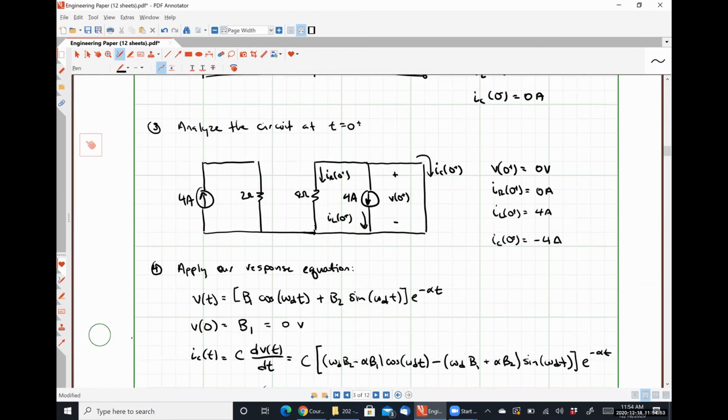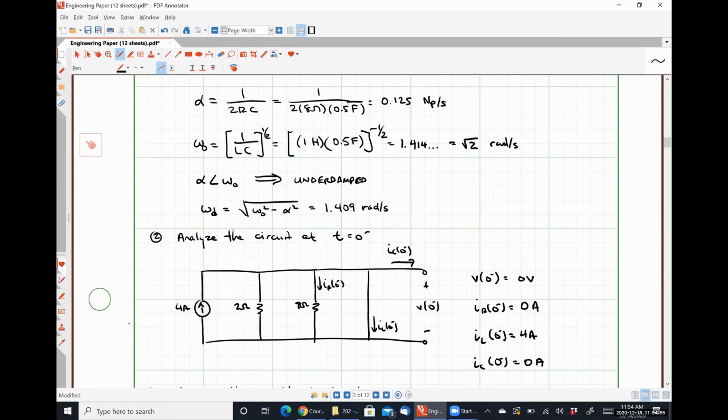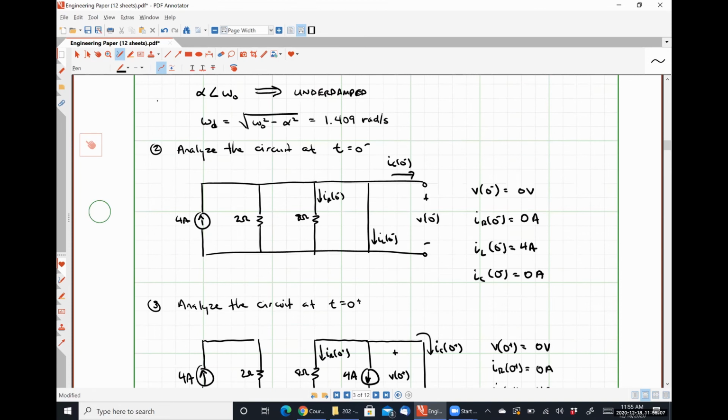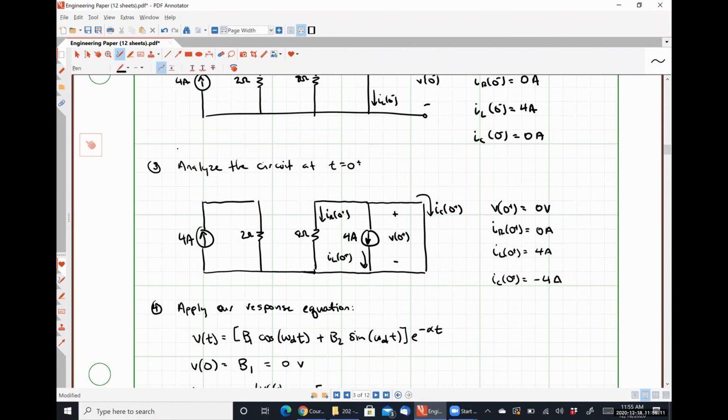Step 1, we calculated alpha and omega naught and determined whether the system was overdamped, critically damped, or underdamped. Step 2, we analyze the circuit at t equal to 0 minus. Step 3, we analyze the circuit at t equal to 0 plus.